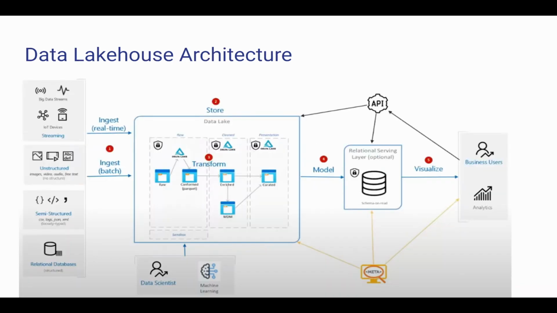So for the data lakehouse architecture, you can see that we get the data from the source, we store it in the data lake, we process it in the data lake, and then we present it to the outside world through a layer of relational metadata. So this is not really a database.